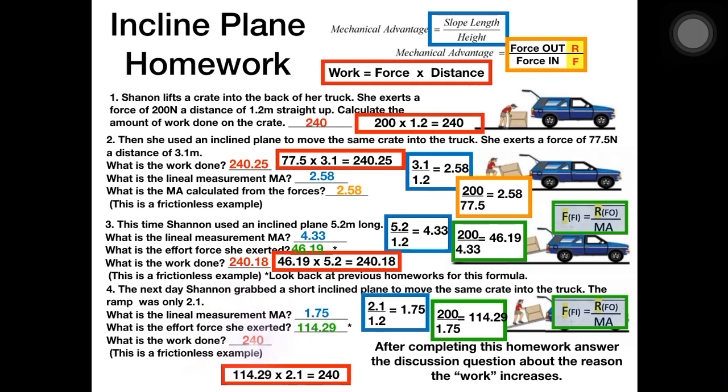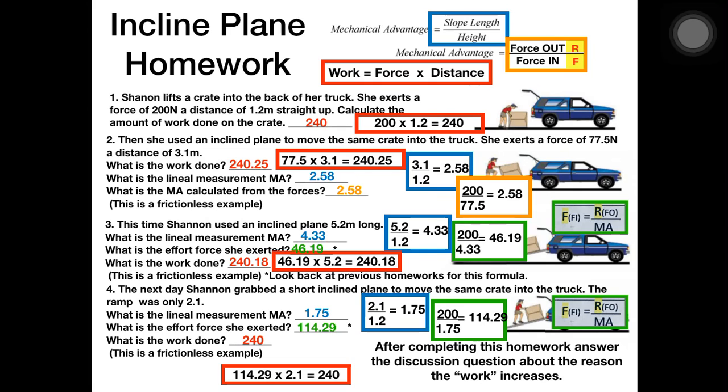Here we have the same work as number 1. We can see that the effort changed and became less, but with the ramp increasing in length, the work actually became more.